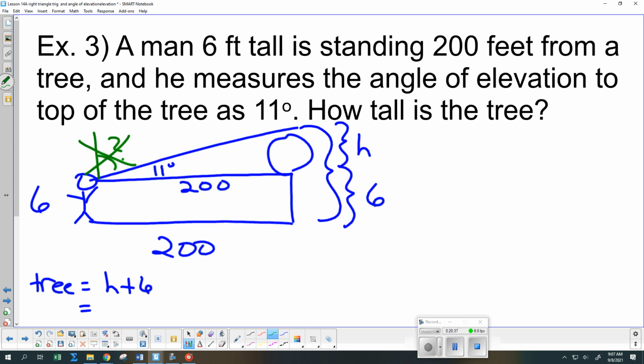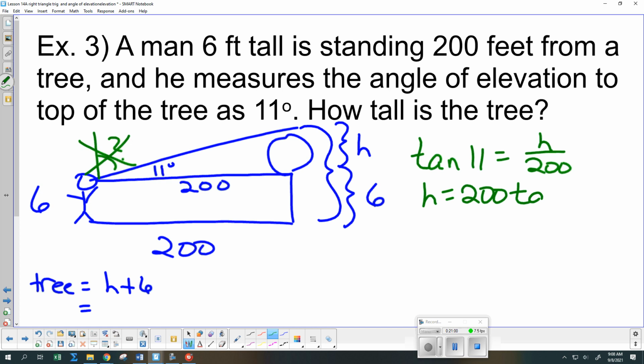Is it adjacent, opposite, or hypotenuse? H is opposite, what about 200? Which ratio? Opposite and adjacent. So I'm going to write down tangent of 11 is H over 200. So H is 200 tan 11. Put that in your calculator.